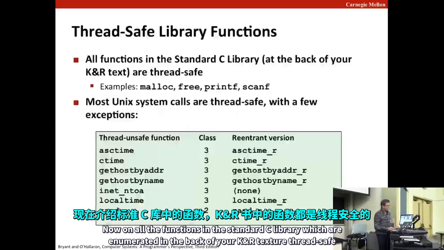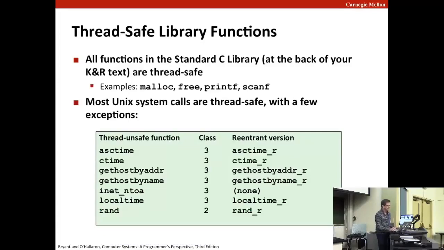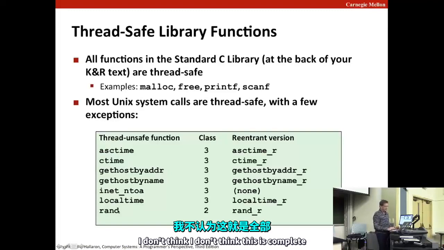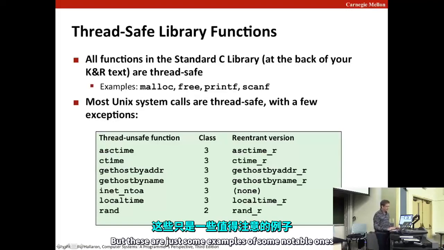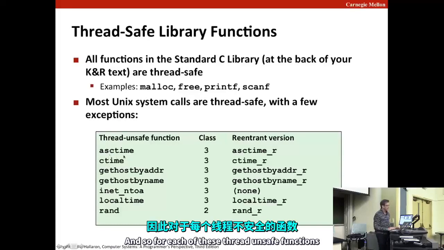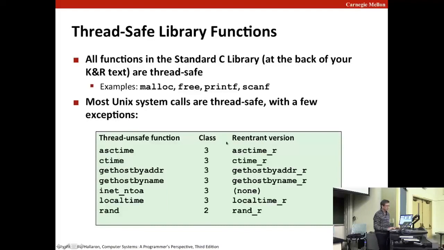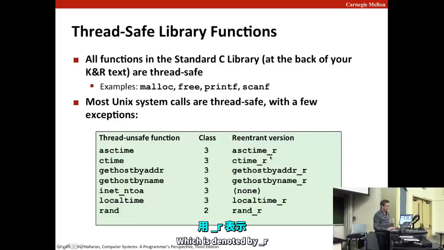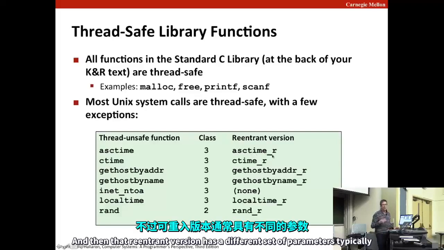Now, all the functions in the standard C library, which are enumerated in the back of your K and R text, are thread safe, but not necessarily reentrant. And most syscalls are thread safe with a few exceptions that I've listed here. I don't think this is complete, but these are examples of some notable ones. For each of these thread unsafe functions, Linux provides a reentrant version, which is denoted by _r, and that reentrant version typically has a different set of parameters.